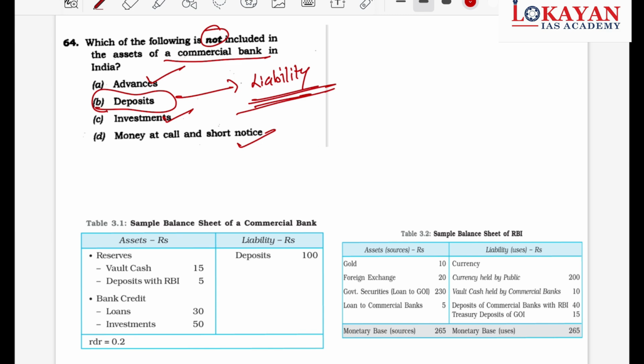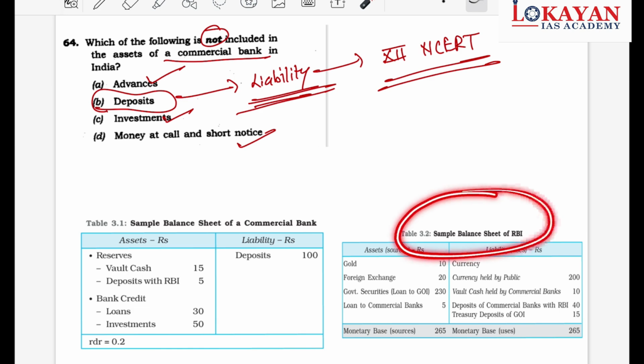So this is a liability, and this is based on your class 12th macroeconomics NCERT. Since UPSC has asked about assets and liabilities of commercial banks, your focus should be on the Reserve Bank of India also. You can see here a sample balance sheet of RBI. What are the assets of RBI?